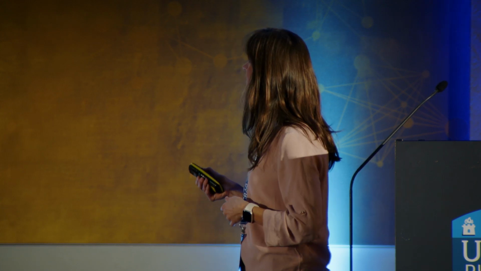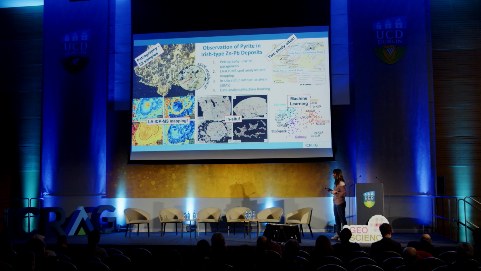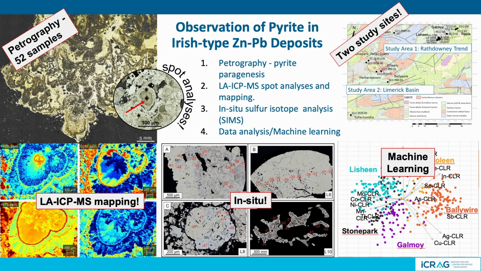And once I got all these samples, I used a technique called laser ablation ICP-MS to do spot analysis across all the different generations of pyrite. Very importantly, the first step was to define what kind of pyrite I had, and then I analyzed these different generations to see what trace elements they had inside them, as well as doing these very cool laser ablation maps across pyrite grains. That just shows the complexity of how these trace elements are hosted in pyrite.